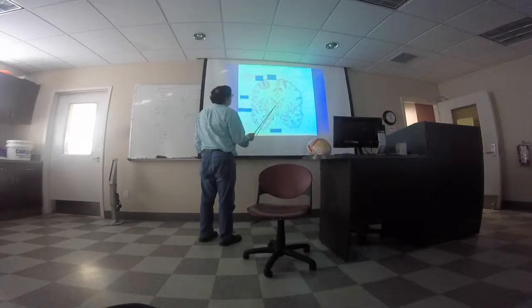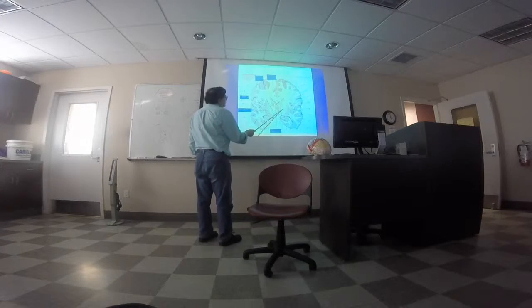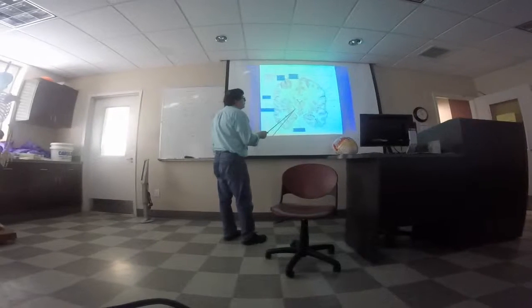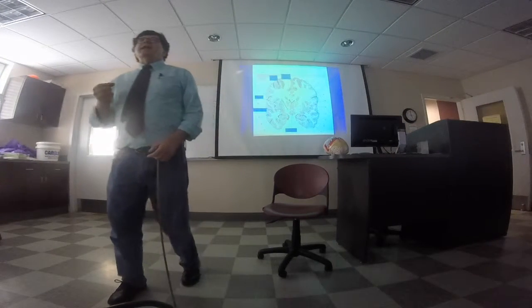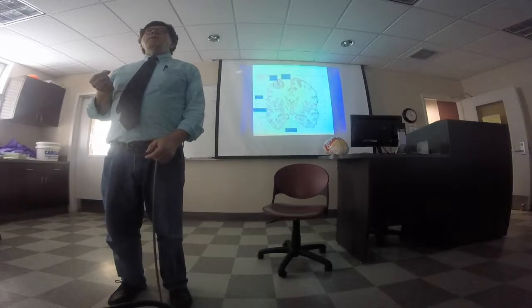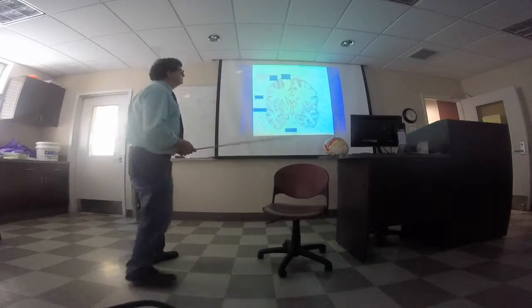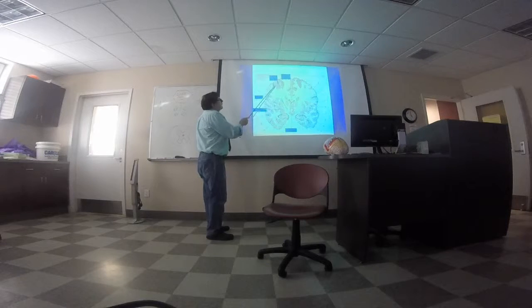Now, lateral to the thalamus on either side, you see this band of white matter. This is called the internal capsule. The internal capsule is going to carry descending motor tracts that originate here within the cortex.